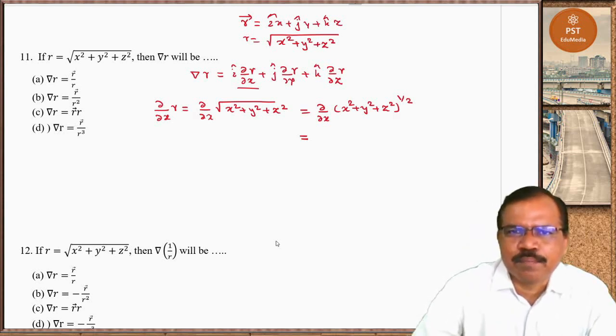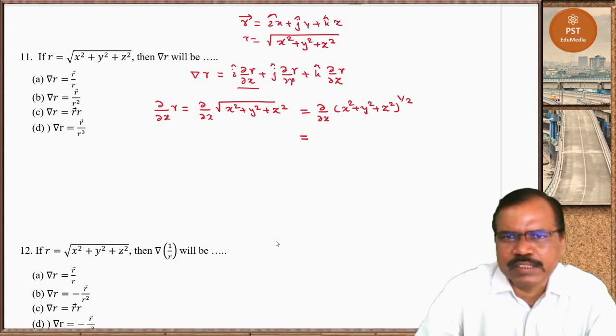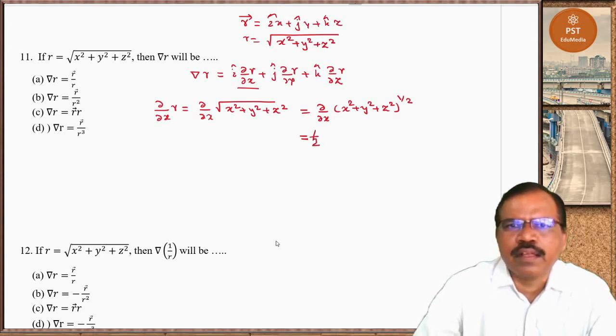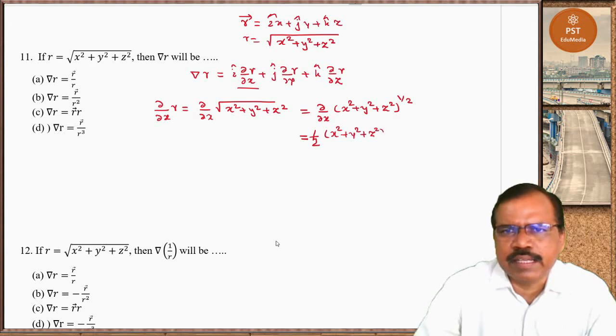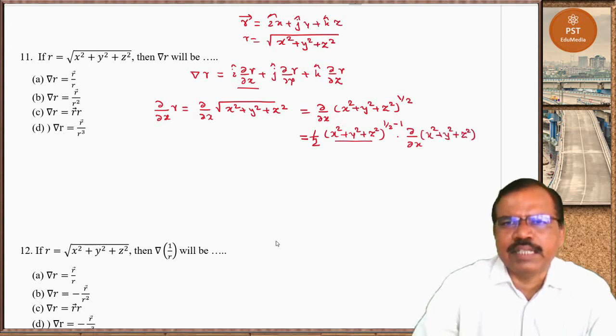So here, what is the power? Here, some function, the power is 1 half. So what happens here? We get 1 half into (x square plus y square plus z square) raised to 1 half minus 1, into the derivative of this. So that is the partial derivative with respect to x of x square plus y square plus z square.